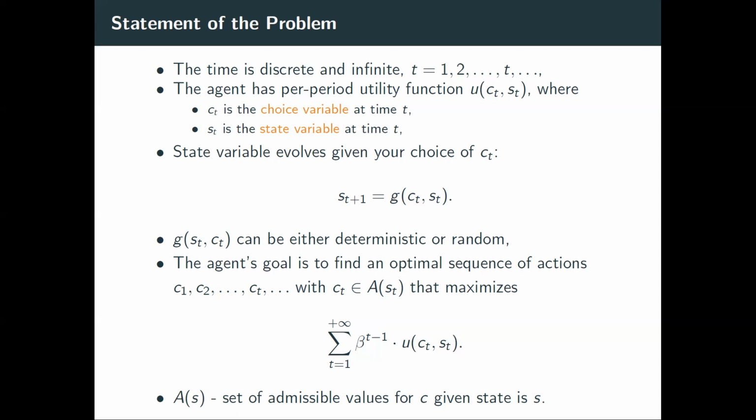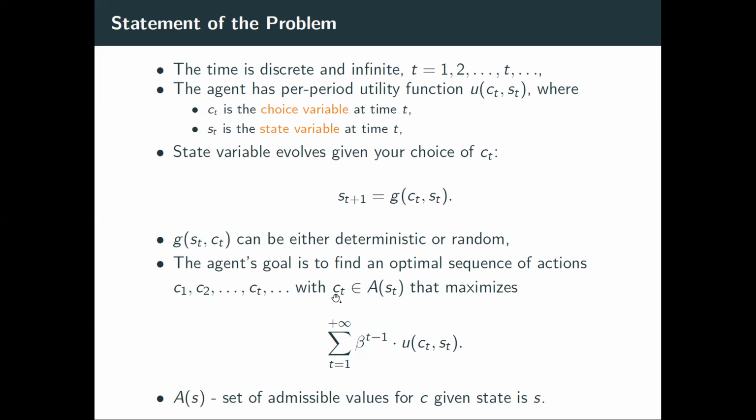You cannot spend more than you have. Of course, you can take a loan from a bank, but let's assume it's not the case. The natural constraint is that your choices are somehow limited. You cannot spend more than you earn. And therefore, naturally, your state variables determine the set of possible consumptions for this current period.